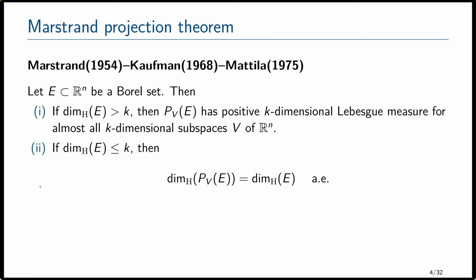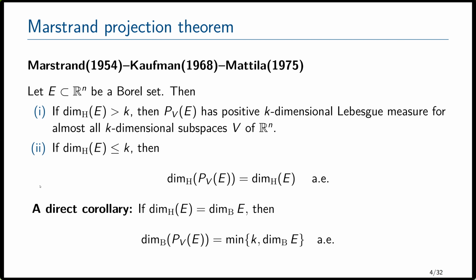But what about the box dimension of the projection set and the packing dimension? For that case, the situation is much more complicated. For the simplest case, if the set has the same Hausdorff dimension and box dimension, then as a direct corollary the box dimension of the projection set is equal to the minimum of k and the box dimension.